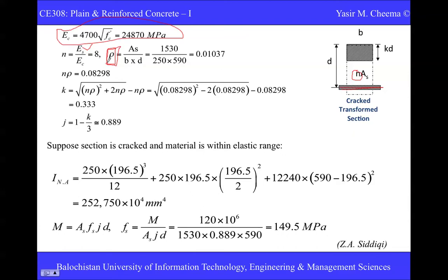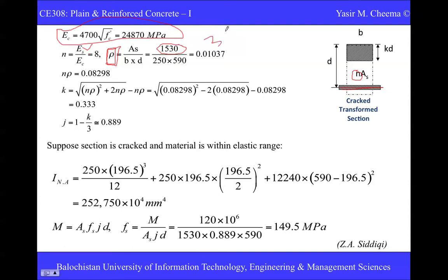This rho is called the steel ratio, and steel ratio is the area of steel divided by the area of the section. Here this is b and this is our effective depth d. So the steel ratio is just the area of steel, that is 1530. You have three reinforcement bars.